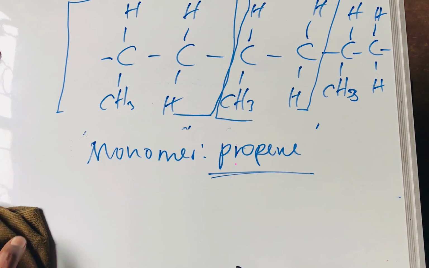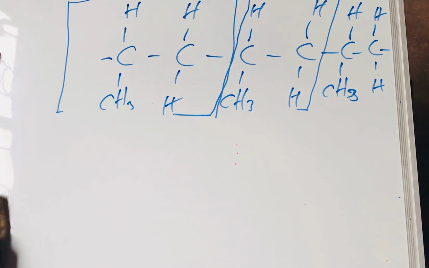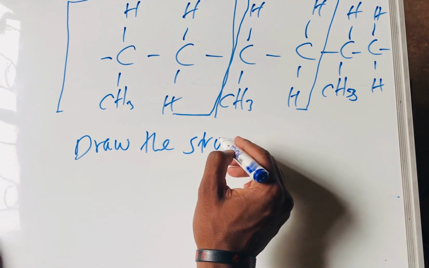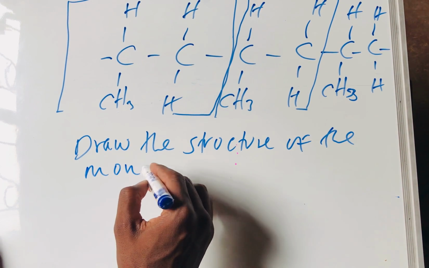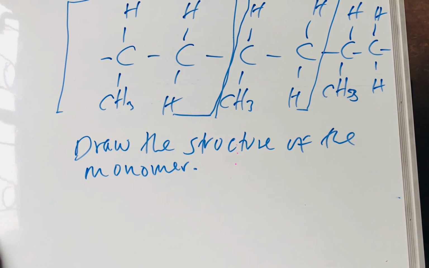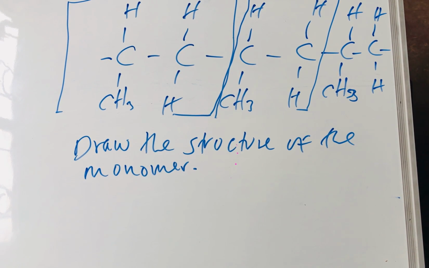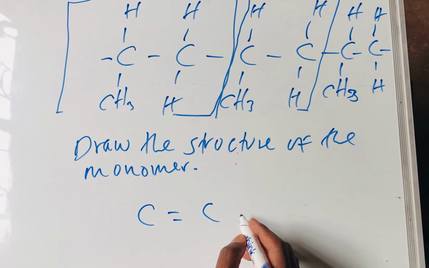Draw the structure of the monomer. How do we draw the structure of the monomer? You've done alkenes, and now because you know that the name of the monomer is propene, what most of you would draw is this structure of propene.